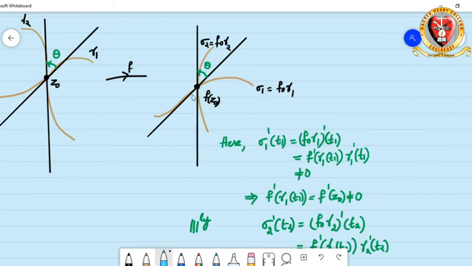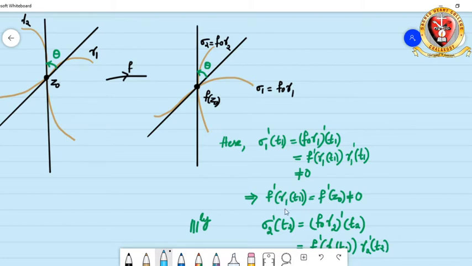Since we are thinking about the angles and the tangents, we definitely know that sigma 1 dash at t1 is not equal to 0 as well as sigma 2 dash at t2 is not equal to 0. Sigma 1 dash is nothing but f dash of gamma 1 of t1 into gamma 1 dash of t1. And we know that gamma 1 dash of t1 is not equal to 0, so this has to be not equal to 0.